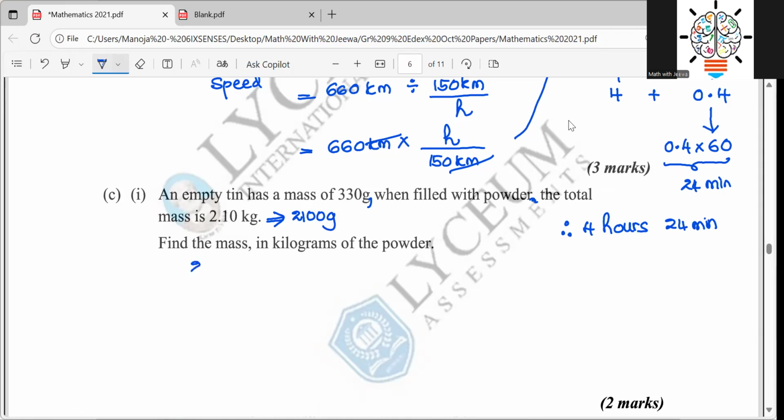So then from 2100, you want to deduct 330 because that is the tin weight, 2100, and you deduct 330, it gives me 1770 grams. But they ask what? In kilograms, that is 1.77 kilograms.